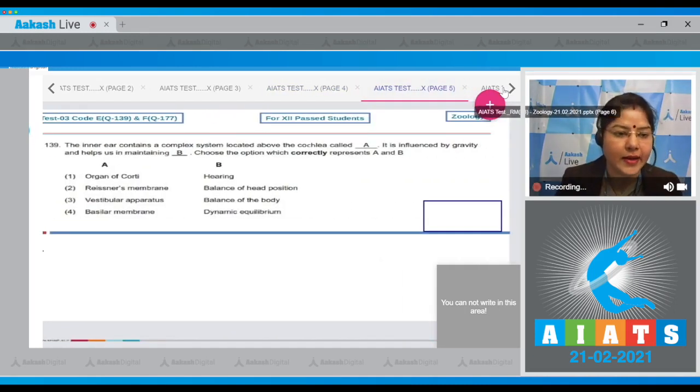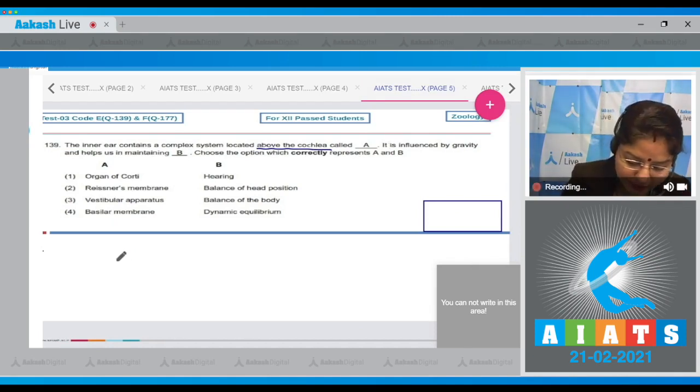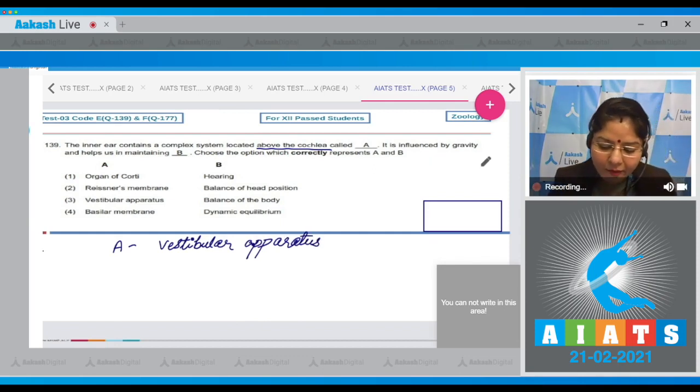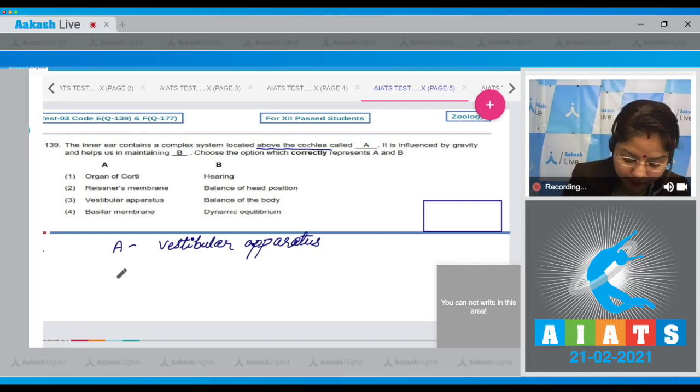Question number 139. The inner ear contains a complex system located above the cochlea. Above the cochlea in the internal ear, the vestibular apparatus is present. So A is vestibular apparatus. It is influenced by gravity, and the vestibular apparatus helps in maintaining balance of the body.